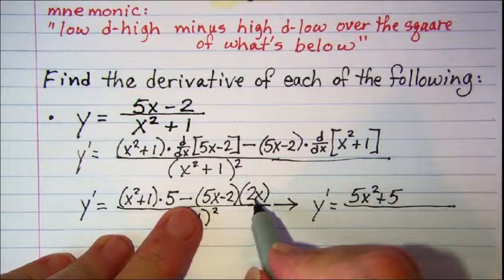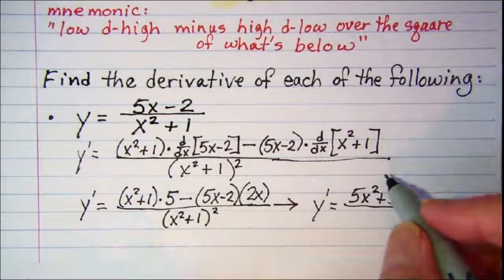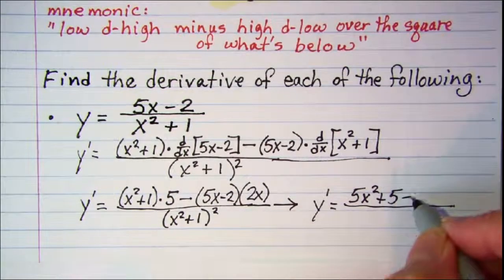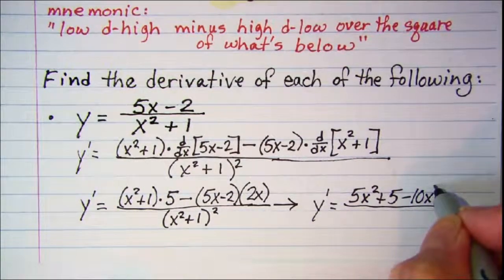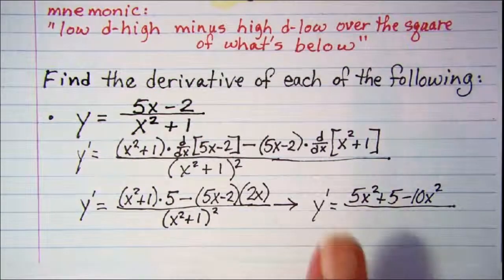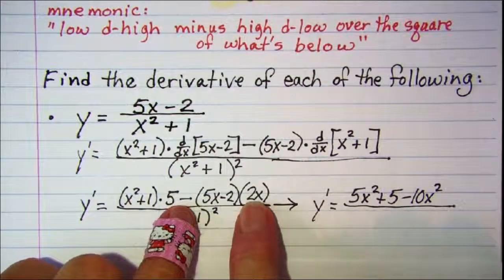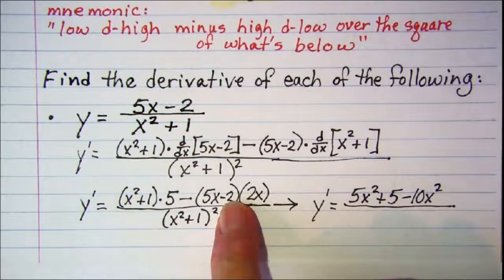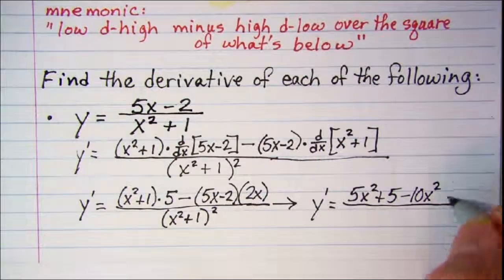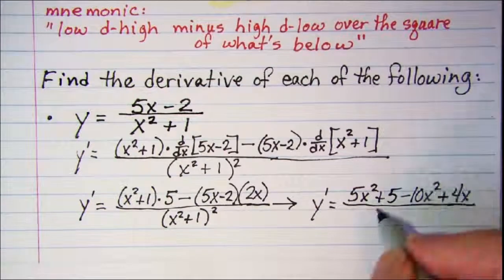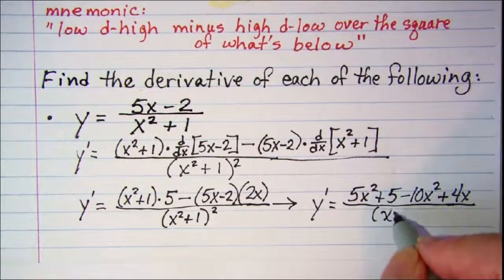So a negative 2x times 5x is a negative 10x squared, and then a negative 2x times a negative 2 is a positive 4x, all over the square of our denominator.